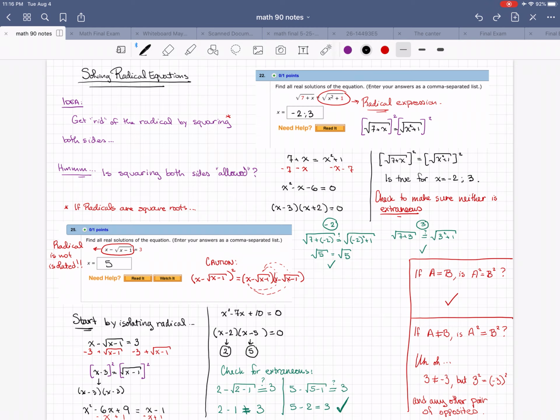And whatever solutions we get, we take with a grain of salt. We check to make sure they actually satisfy the original equation, because squaring both sides is not totally equality preserving. Squaring both sides may take two values that are not equal and make them appear equal after squaring. So there could be extraneous solutions as a byproduct of the method.